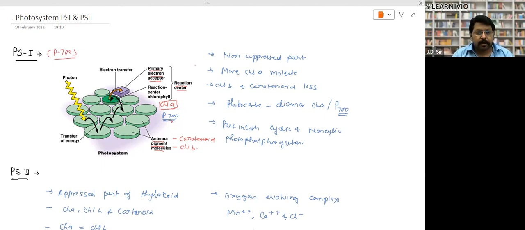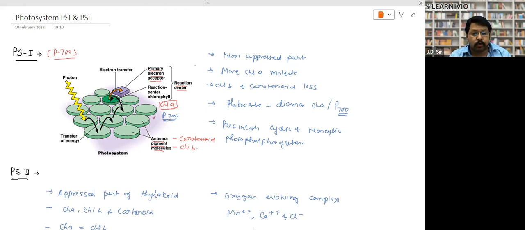Now what happened? A reaction center has a reaction center chlorophyll A molecule and a primary electron acceptor. When it takes energy, after the breakage of water molecule, the primary electron acceptor will accept the electron, right? And the energy will be provided by the reaction center. Around the reaction center, there are some surrounding molecules, known as antenna pigment molecules.